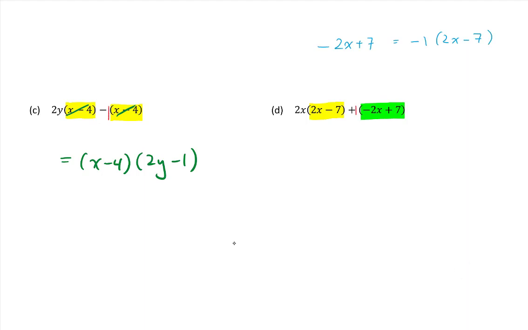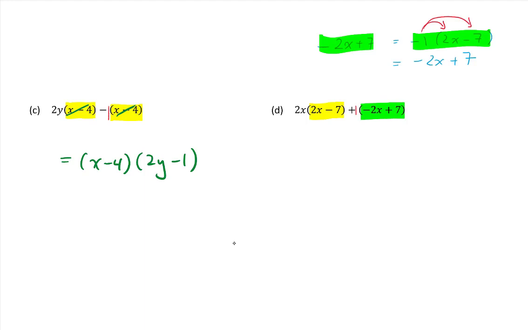How do I know that? Because I can use my distributive property, and negative 1 times 2x is negative 2x. Negative 1 times negative 7 is plus 7. So we see that the left side is equal to the right side.